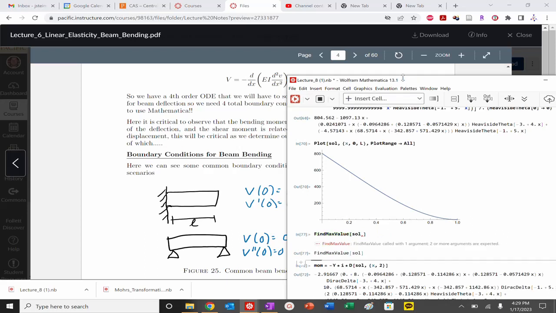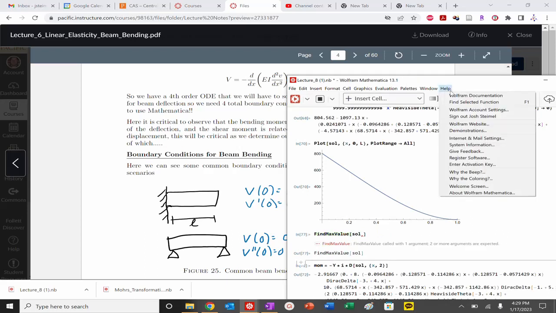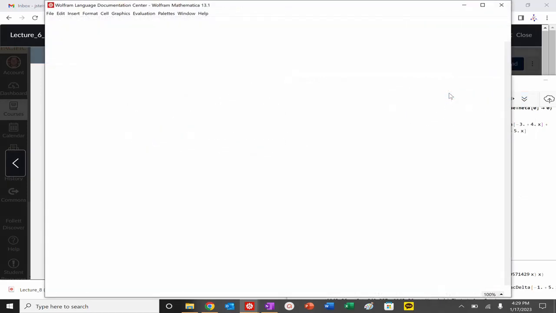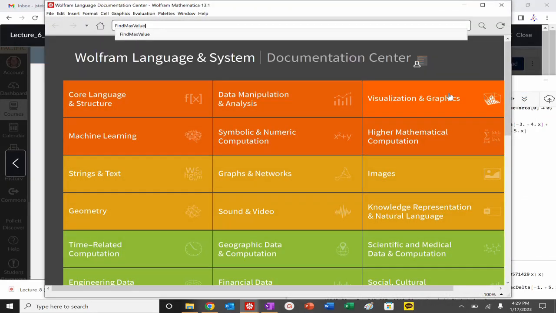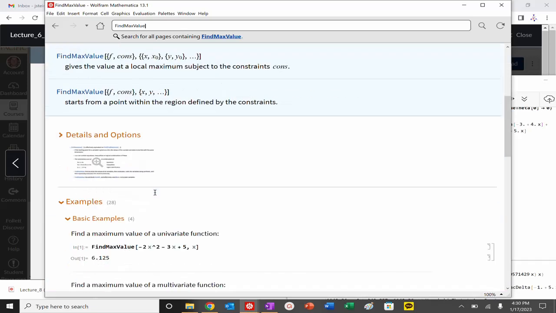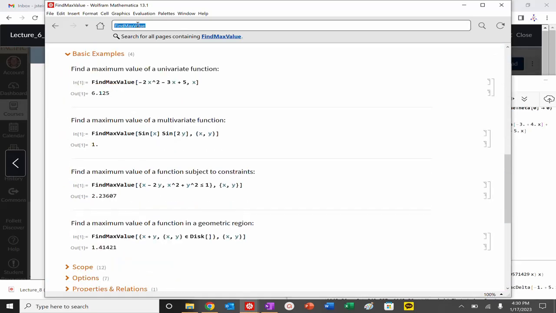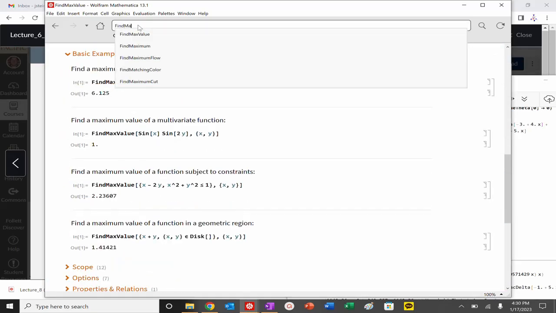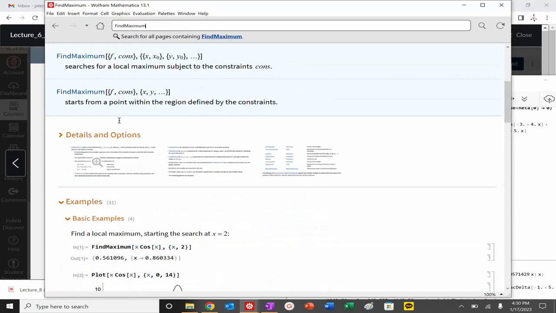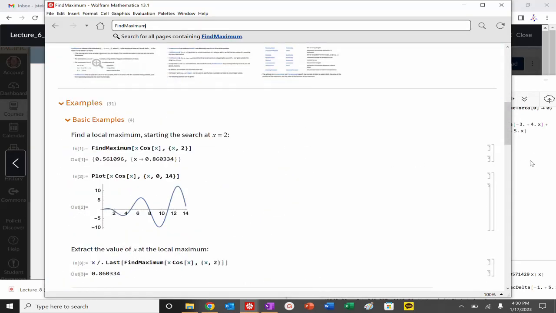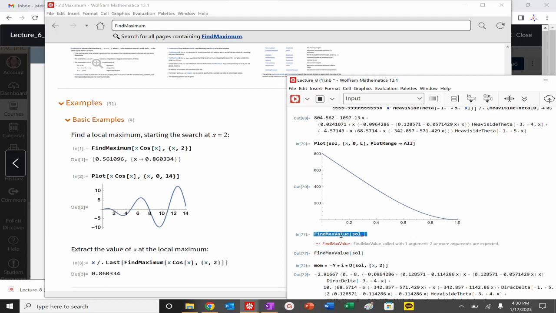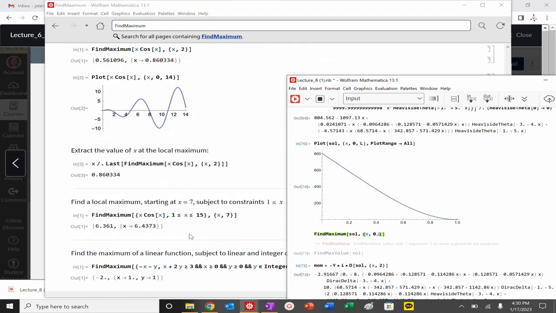Actually, let's look at the documentation. I think it's FindMaximum, actually. Let's look at this here. Yeah. So FindMaximum of our function, which would be sol, with x from, let's see, I think you can specify the range.